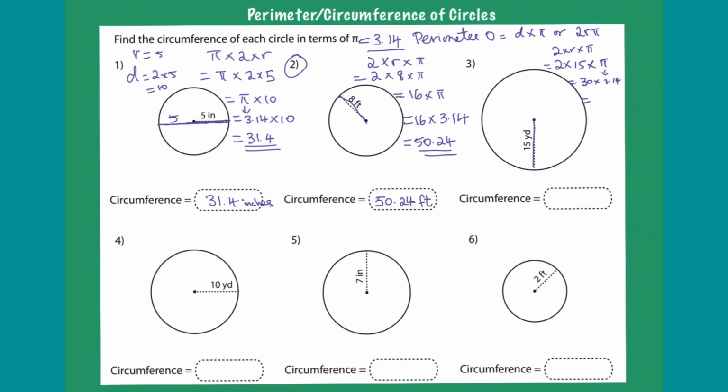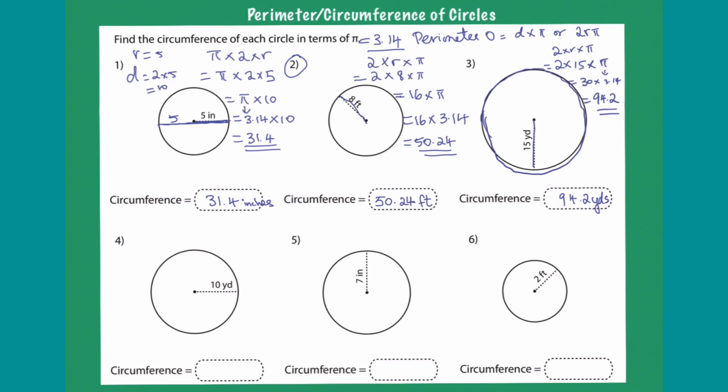Then you multiply 30 times 3.14 and you will get 94.2. So your final answer is 94.2 yards, and your circumference is 94.2 yards. This outer thing here is your circumference.